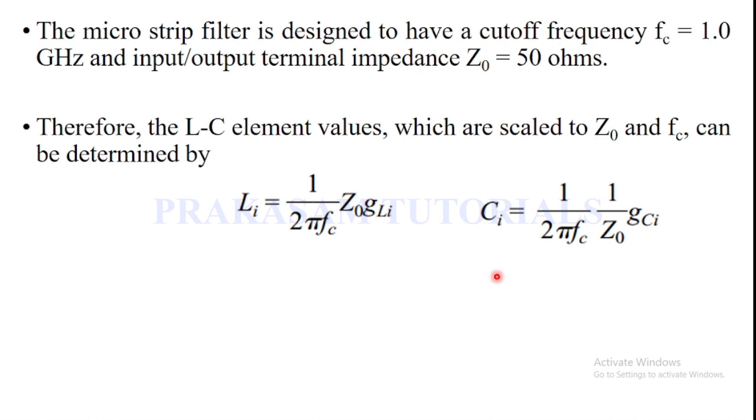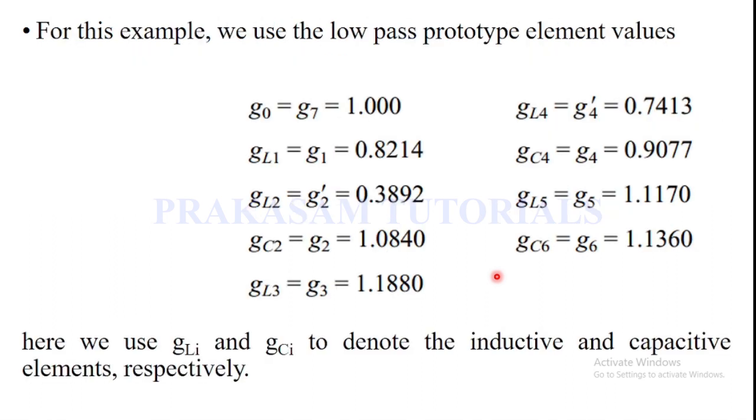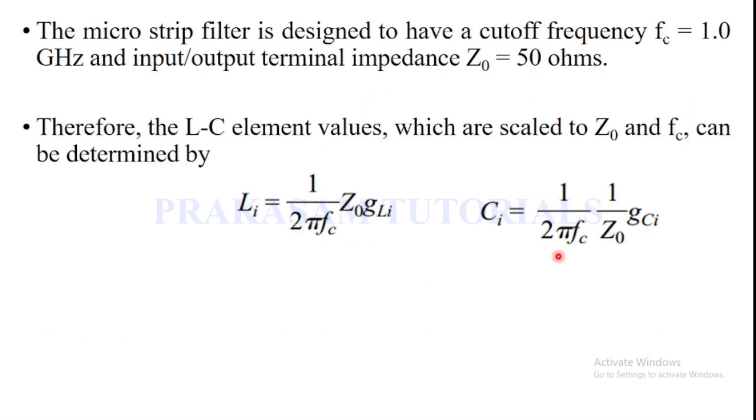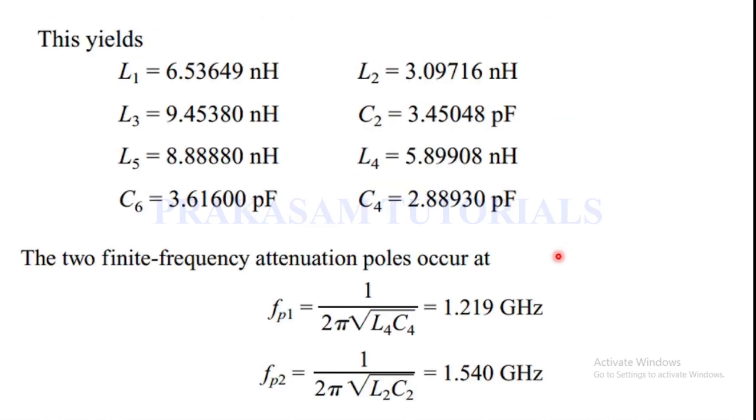Considering Z0 of 50 ohm and cutoff frequency Fc equal to 1 GHz, we substitute the G suffix Li and G suffix Ci values, and we can calculate the inductance values L1, L2, L3 like that, and C1, C2, C3, C4 like that. After substituting different values of i, these are the inductance and capacitance values.